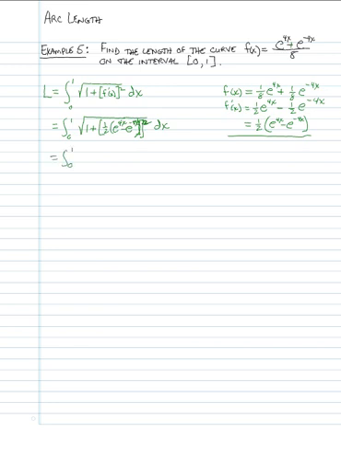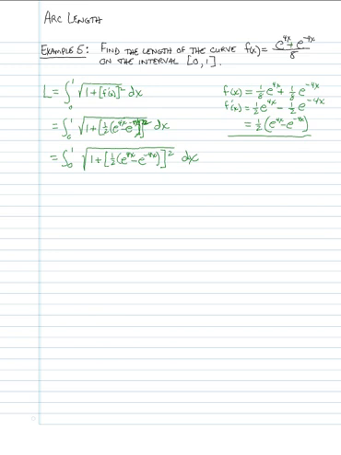Integral from 0 to 1 of a square root of 1 plus, okay, the derivative f prime squared. Well, f prime is 1/2 times e to the 4x power minus e to the negative 4x power. And that all encompasses the derivative, and that's what's being squared. Okay, now I can read it, and I feel better.